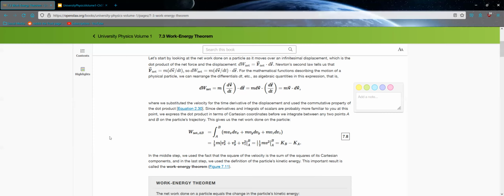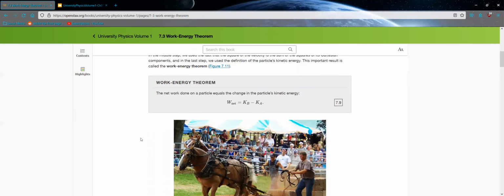Kind of obvious, right? So you start with a tank of gas, you end up with half a tank of gas, therefore you used half a tank of gas to do the thing, right? Lots of complicated math to verify this idea, but that's essentially the work energy theorem.